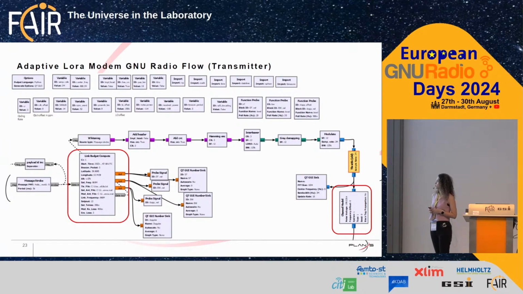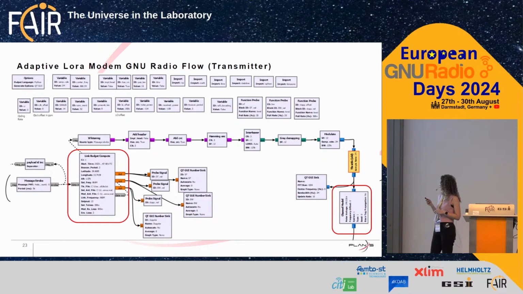This flow shows the adaptive LoRa modem GNU Radio flow. As I explained in the block diagram, applying all blocks step by step, you can see the link budget computation block, and it has, again, three outputs.